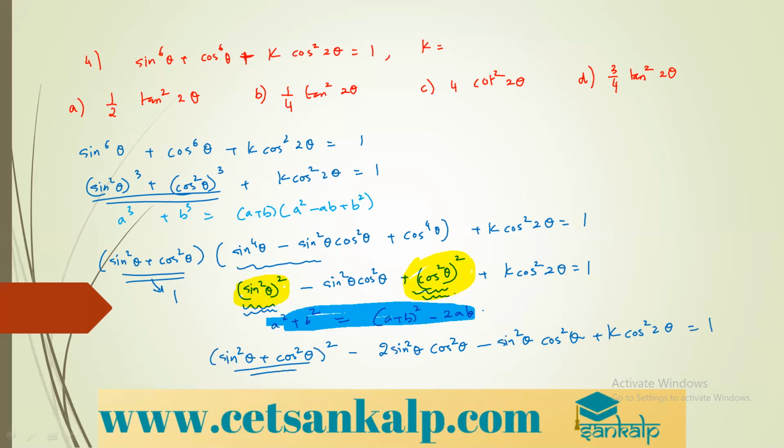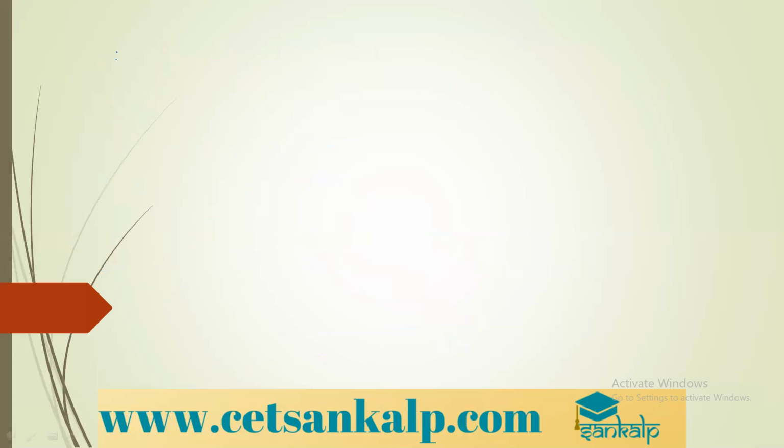This is again 1. So 1 square is 1, and minus 3 sine square theta cos square theta. So I have 1 minus 3 sine square theta cos square theta plus k cos square 2 theta equal to 1. This one and this one will cancel.